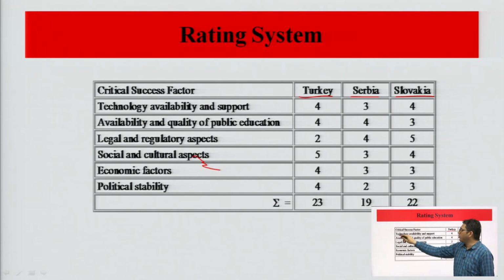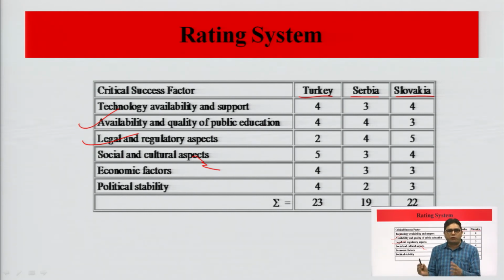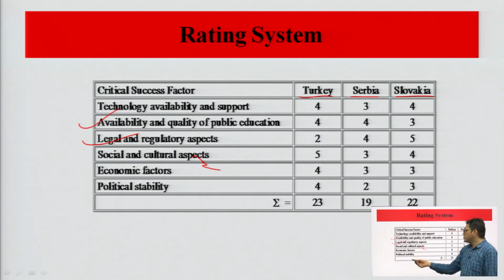It is technology, availability and support, where we are locating our plant, whether the technology is available or not, whether the availability and quality of public education exists, and the legal and regulatory aspect, whether the legal framework for the business is supportive or not. Next, it is the social and cultural aspect, economic factor and political stability, whether the government is stable or not.